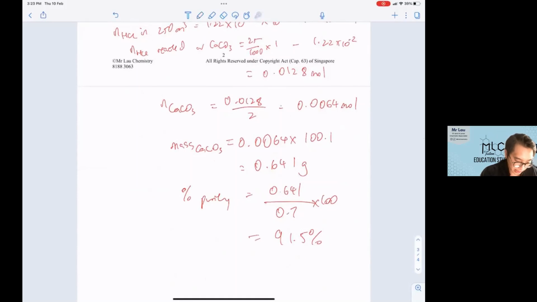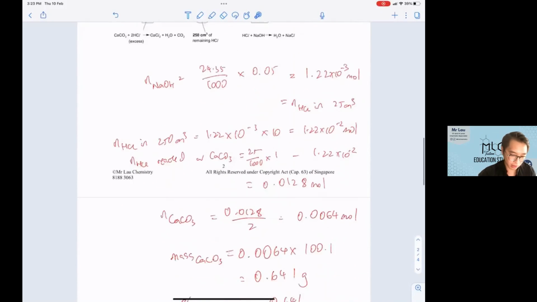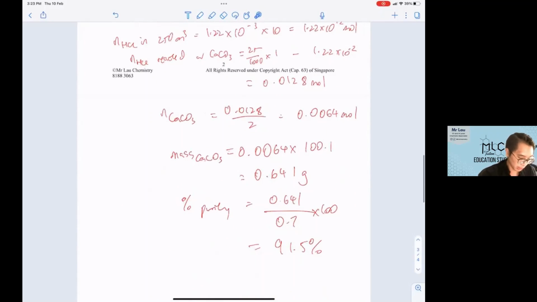There'll be a slight difference with this answer depending on whether you're using the calculator value or the rounded off value. So you could get a range between 91.5, 91.6, or 91.7%. It's just a small difference depending on how you rounded off the values.